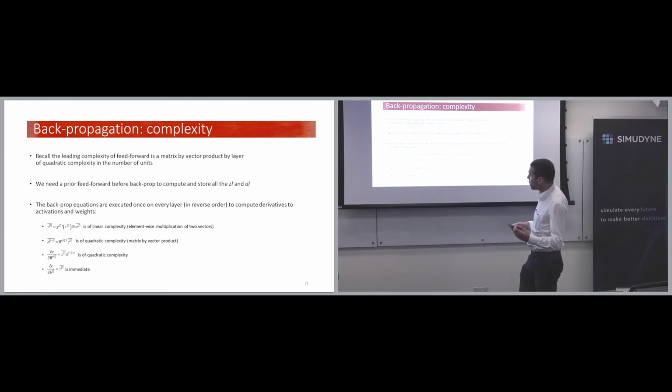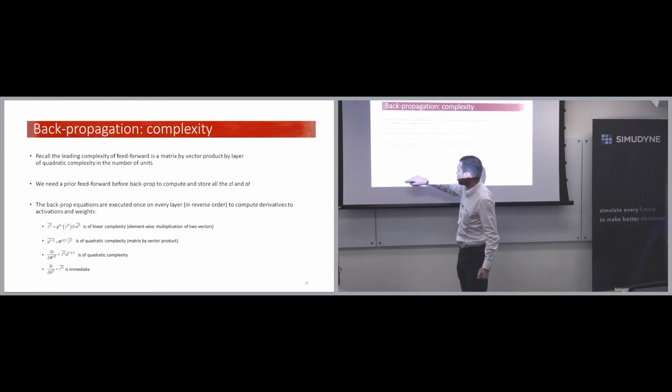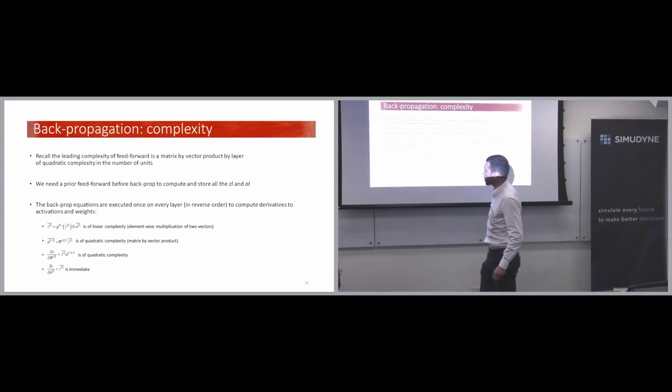Actually, we have three because we must run feed-forward and store the intermediate results before we can run backpropagation. So that's one. And then we have these two: this one for backpropagation itself, and this one in order to get the sensitivities to the weights given the sensitivities to the activations.